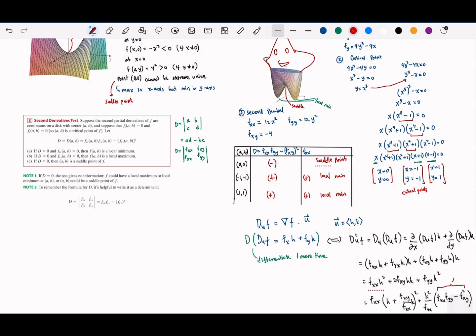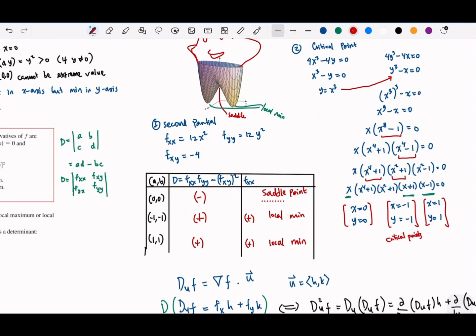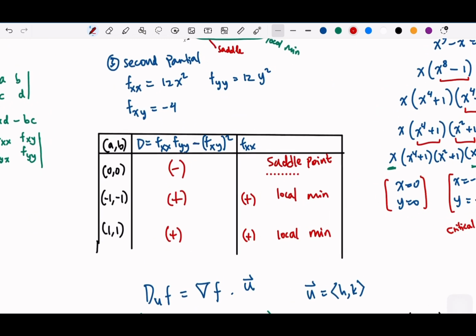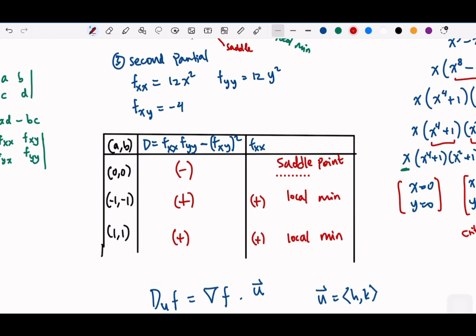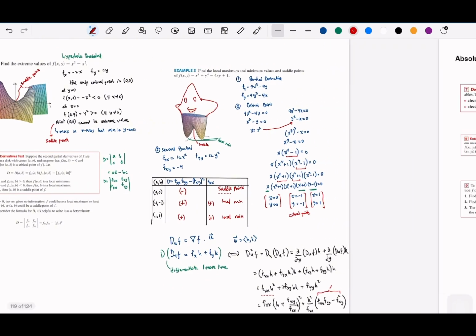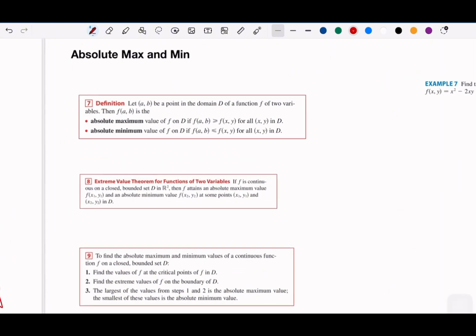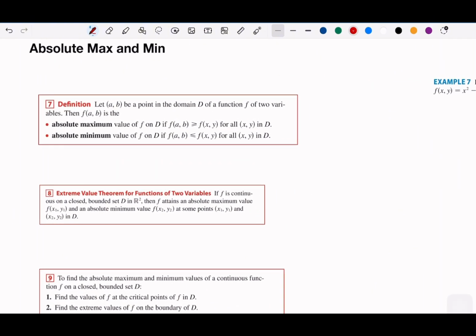Okay, but what we emphasize in this chapter is how we could determine the local minimum, local maximum, or saddle point through this method, using this table here. Let me give you another point of view, and this is basically just a summary of what we have.